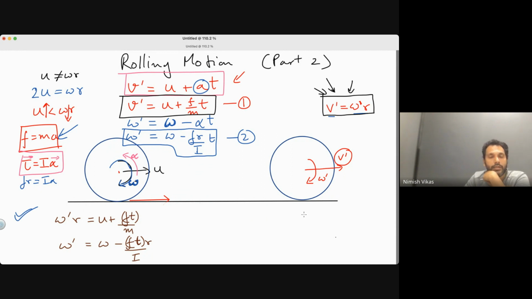That is immaterial, but I'll just do the answer while you are soaking in what has happened. You don't even have to look at what I'm doing further. I'm just eliminating Ft and getting my omega dash. I'm just buying some time so that you look at what happened on top and ask me doubts, what is this, what is that.